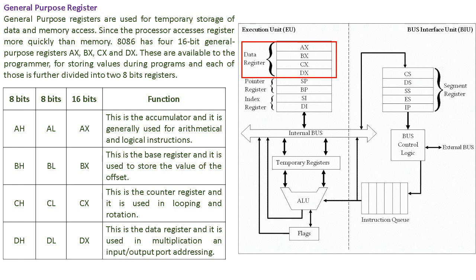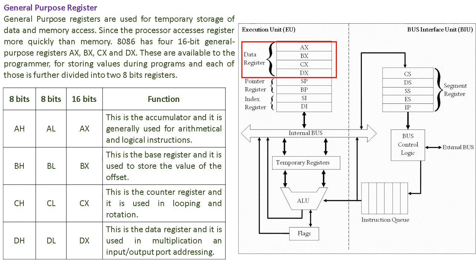So AX is a 16-bit register, and this 16-bit register is further subdivided into 8-bit plus 8-bit, that is A higher order and A lower order. This is the accumulator, and it is generally used for arithmetic and logic instructions.